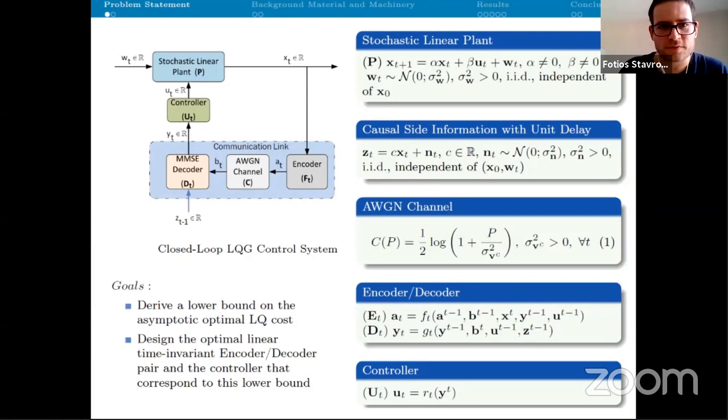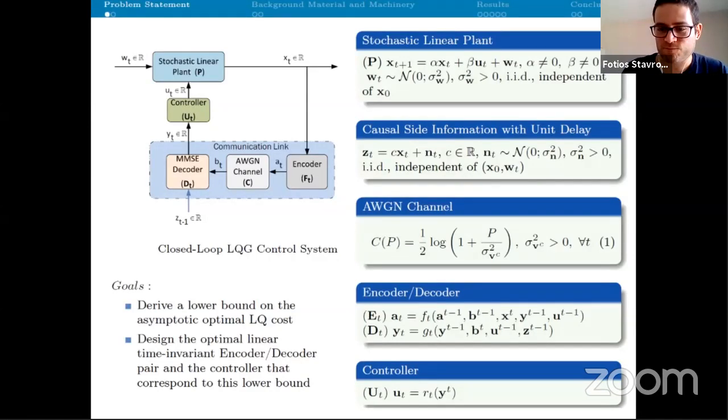The link consists of an encoder, an additive white Gaussian noise channel with known capacity, and a minimum mean square error decoder, which is allowed to have a unit-delay causal side information correlated to the data of the linear plant and driven by a Gaussian noise process. The goal is to minimize the linear quadratic cost.